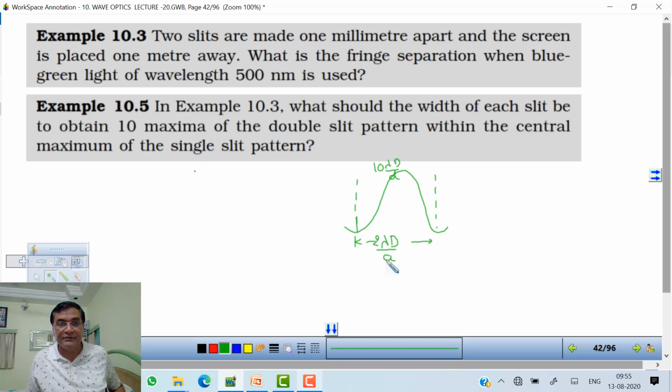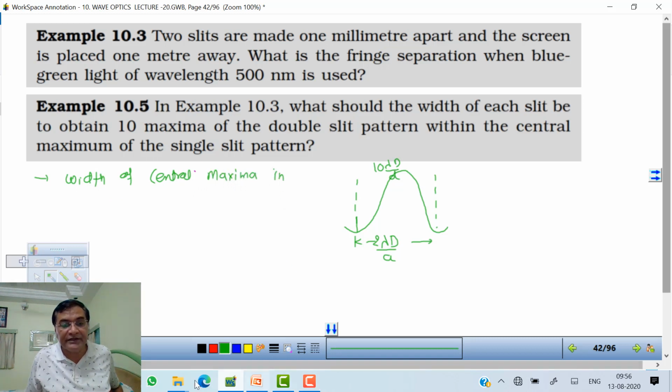These two are the same. So I write: width of central maxima in single slit, let me change the color, in single slit is equal to 2 lambda D upon a.